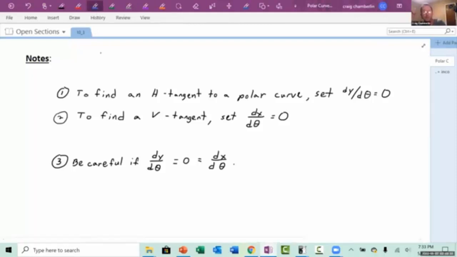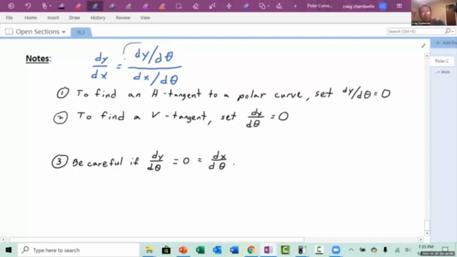Remember, the derivative dy dx is equal to dy d theta over dx d theta, if you want to put the derivative in terms of theta. So what do you do to find a horizontal tangent? You set that numerator equal to 0. Same as before. Nothing's changed, you guys. Same as in 10.2. We just called it dy dt in 10.2. And then to find a vertical tangent, remember, you set the denominator equal to 0. That's what I'm saying right here.